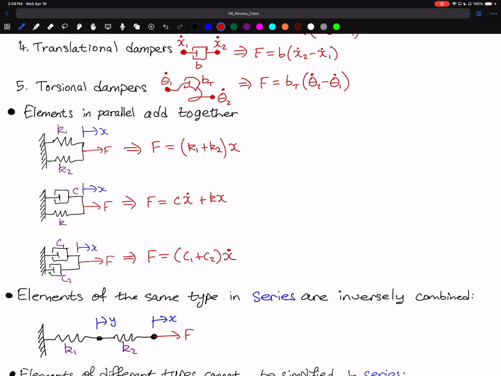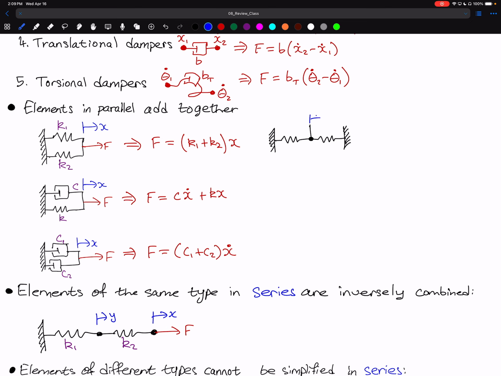Then I also want to add a few more cases here. In this case, we're looking at two springs.